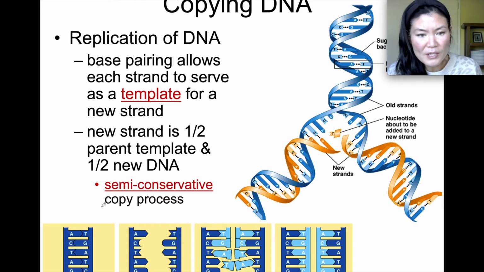Okay, so for example, if you look down here, these are the 2 strands of DNA, and then they're going to separate, and each strand is going to act as a template.